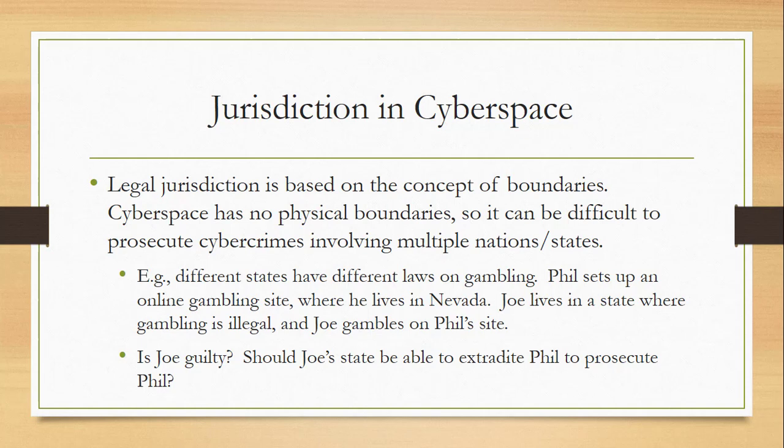Do you think that, legally speaking, Joe's state should be able to have Phil deported to their state so that he can stand trial for allowing gambling in their state, which is illegal? We'll discuss this issue in the forums as well.